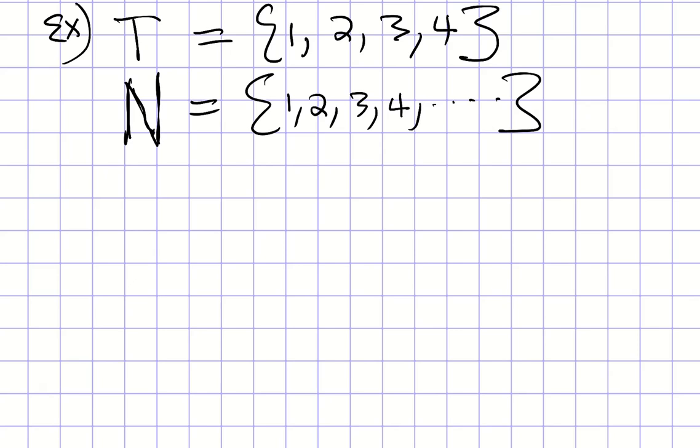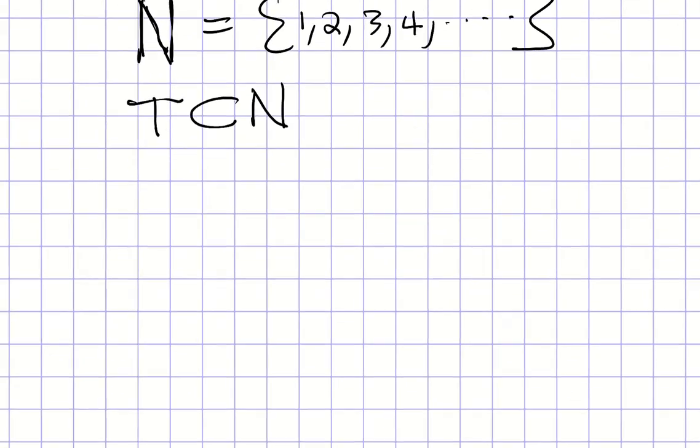And then notice that T is a subset of N, because T is inside N. T has fewer elements than N, right? Okay, let me give you another definition. This one is called superset.